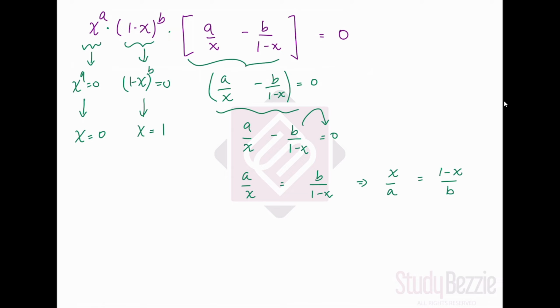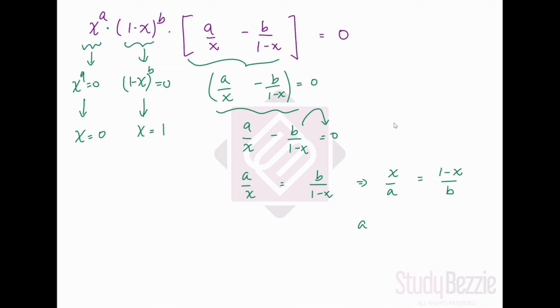Any questions regarding this? You can flip both sides, right? Yeah, exactly. So now we have it in this format, so we can multiply both sides by b and a to get this particular result.